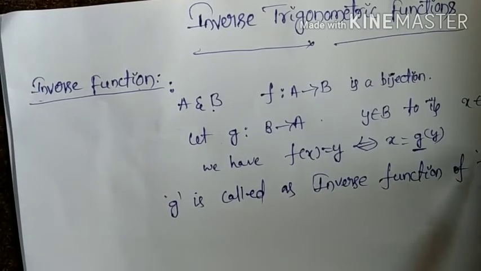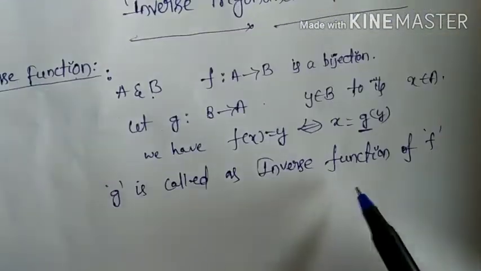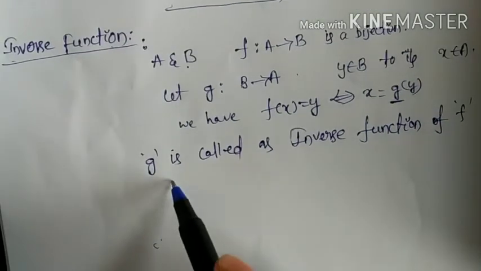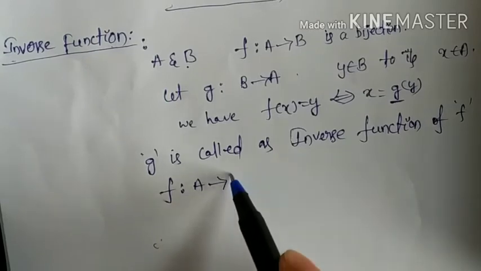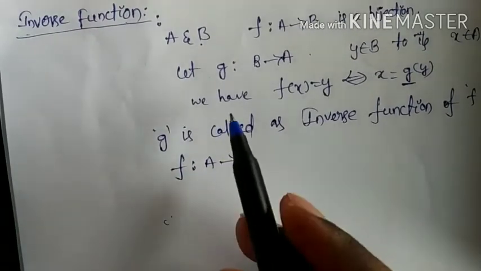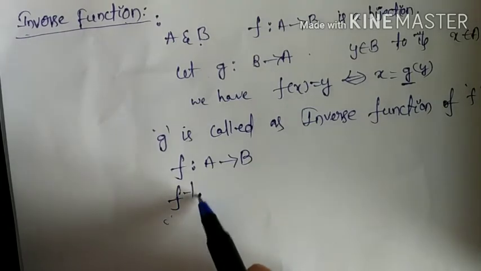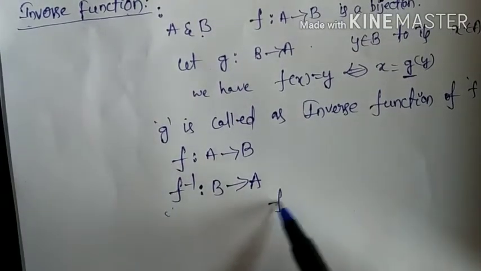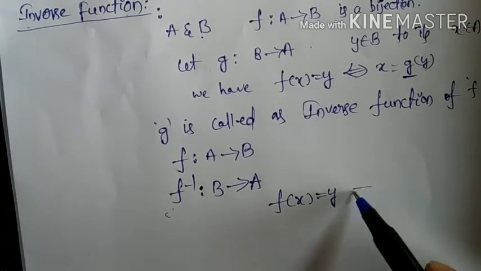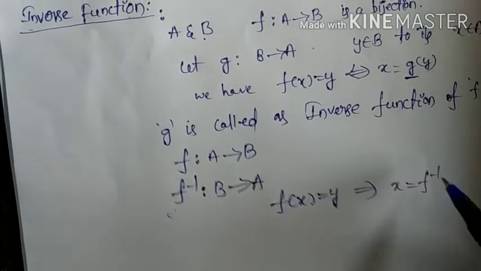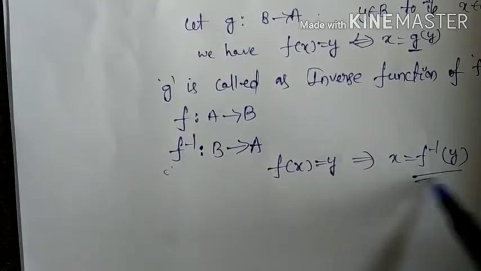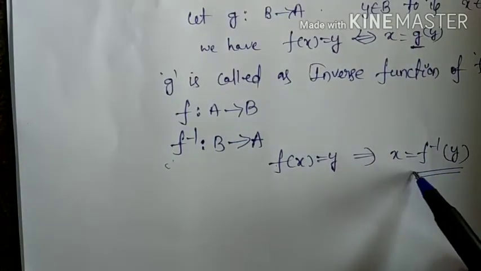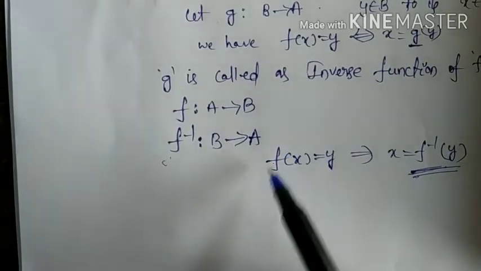We can generally take it like this: f: A to B is a function, then the inverse of function f, f inverse, is B to A. So here we can conclude that f of x is equal to y implies x is equal to f inverse of y. This is called the inverse of the function f. Just in place of g, here I consider f inverse. This is about the inverse function.